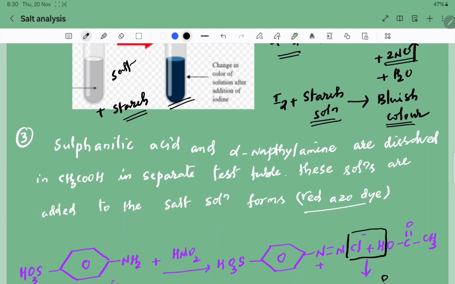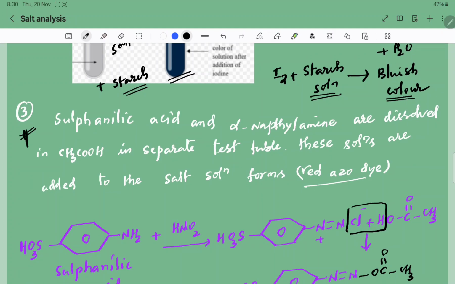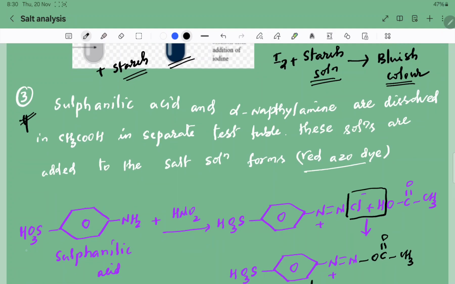Next. One more test, student, this is also a PYQ question, very important. Sulfanilic acid means, student, SO3H will be there, para-aminobenzene sulfonic acid. So simply we are calling it sulfanilic acid. Sulfanilic acid and alpha naphthylamine are dissolved in acetic acid in separate test tubes. Take sulfanilic acid and dissolve it in acetic acid in one tube, and take alpha naphthylamine in another test tube, add CH3COOH and make two separate solutions.